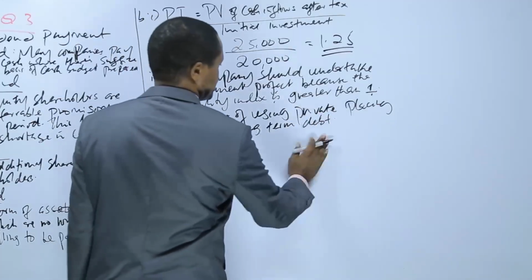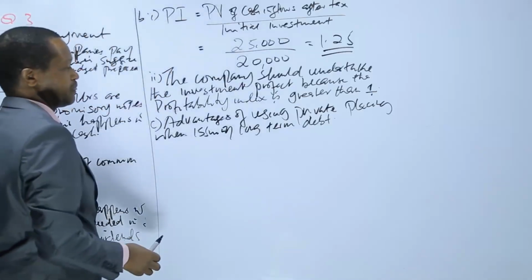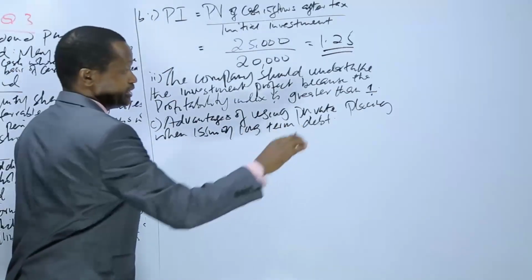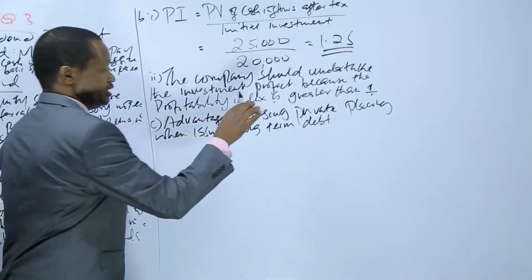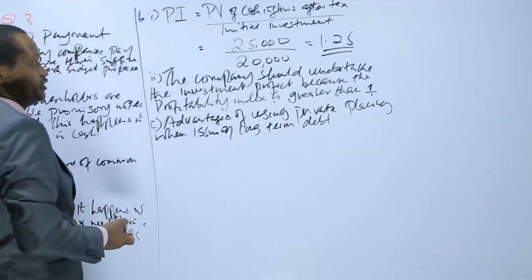Long-term debt can be bonds, debentures, and so on. The question is specific to long-term debt. I've said the method can also be used when issuing equity or ordinary shares.